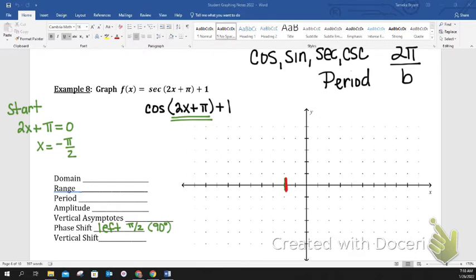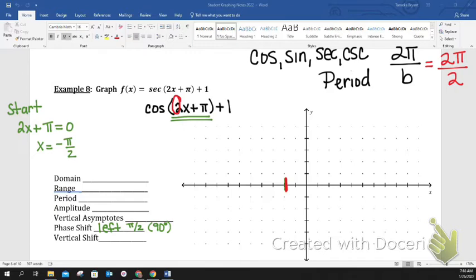And b is always the number in front of x. For this one, you see how it has a 2 right here? That 2 means my period is 2 pi divided by 2. And what is 2 pi divided by 2? Just pi. So the period is pi.